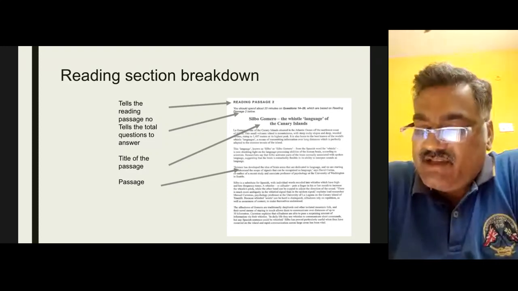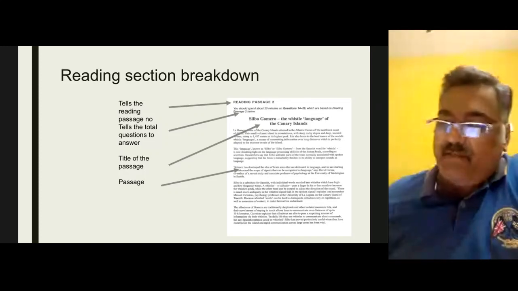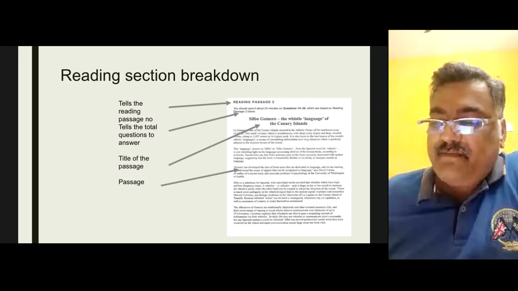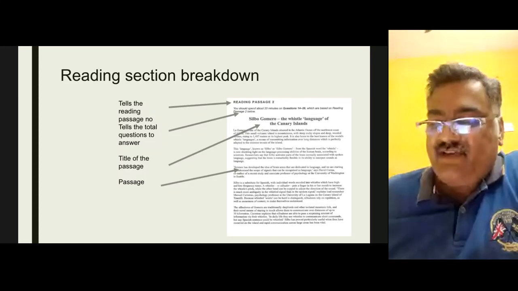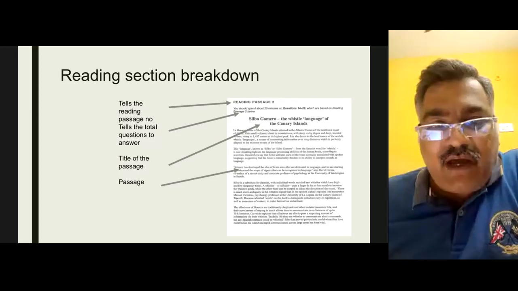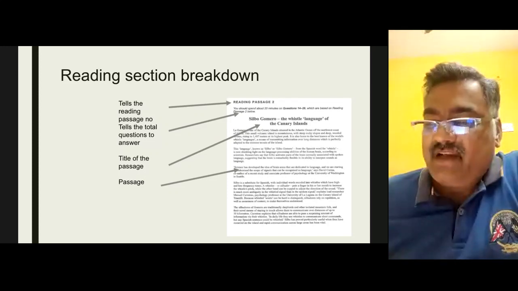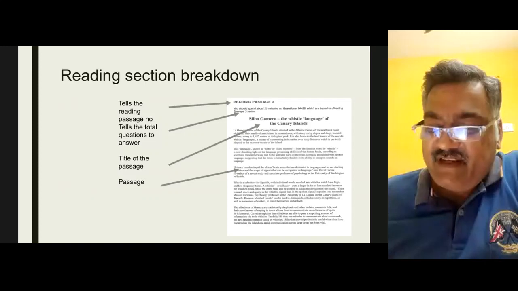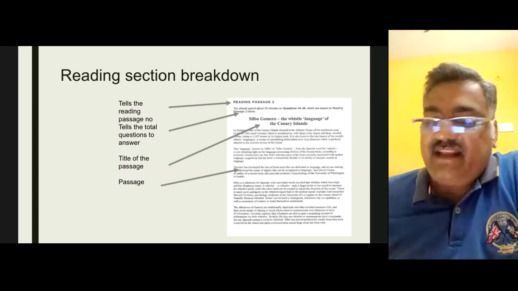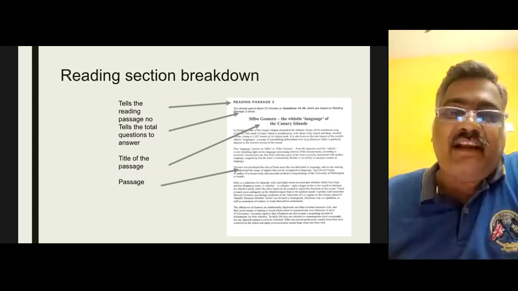As you can see over here, this is how a reading section appears. The first one is the passage number, whether it's passage number 1, passage number 2, or passage number 3. Then it tells how many questions are there for that particular passage.